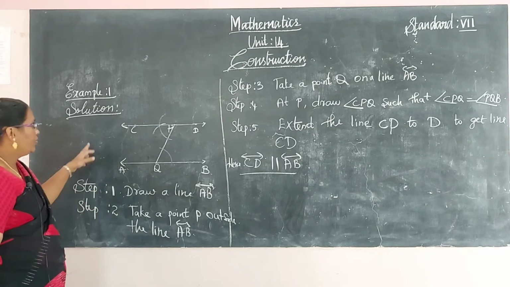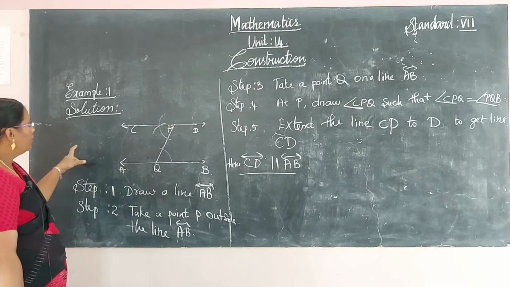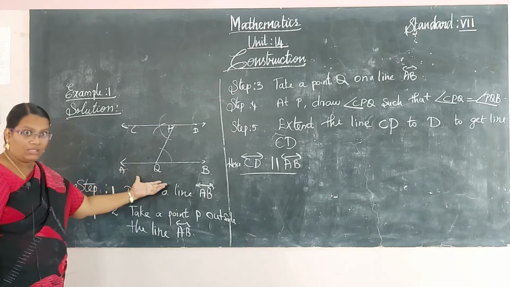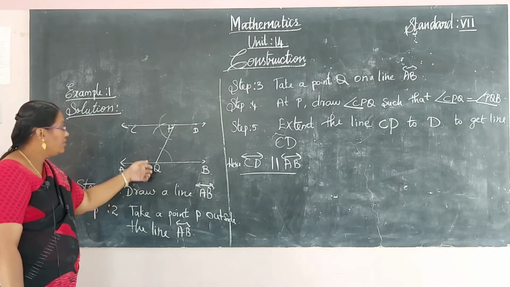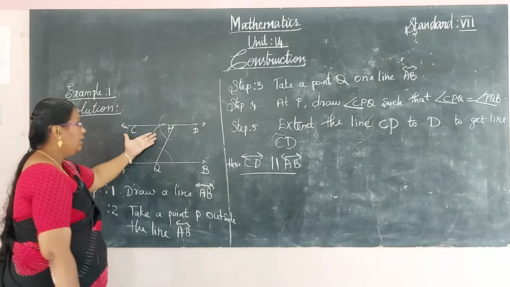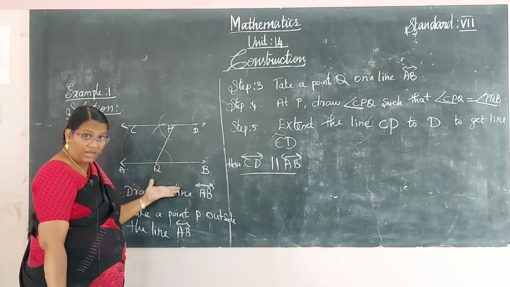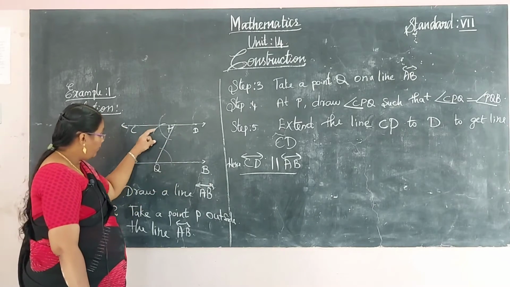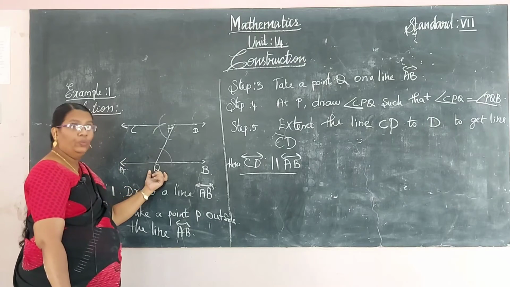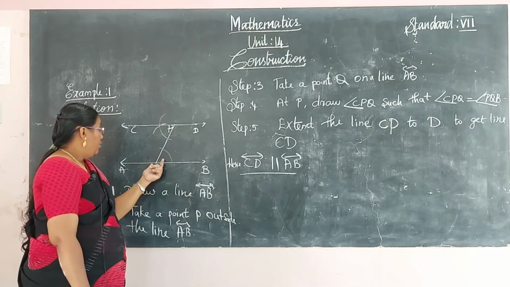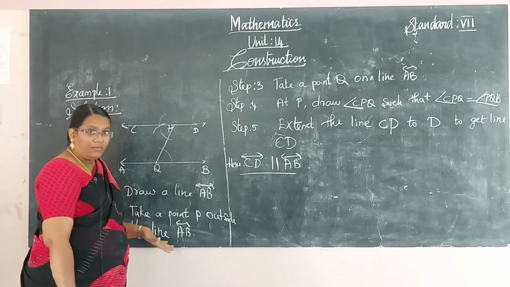Okay, I hope you have understood this example 1. First we draw the line. Then take any point outside the line AB. Then consider Q, marked on the line AB.